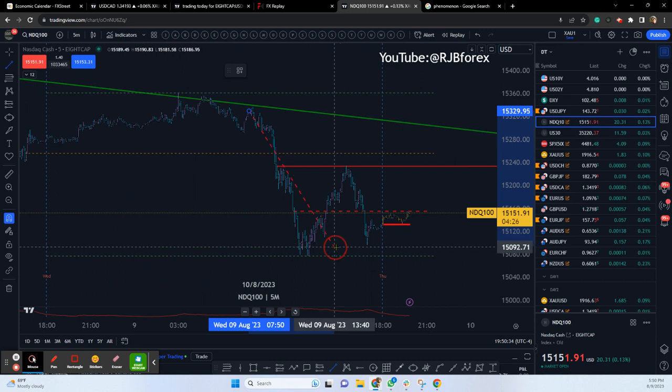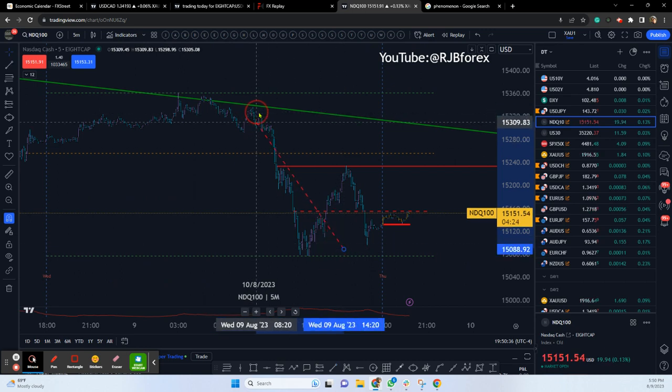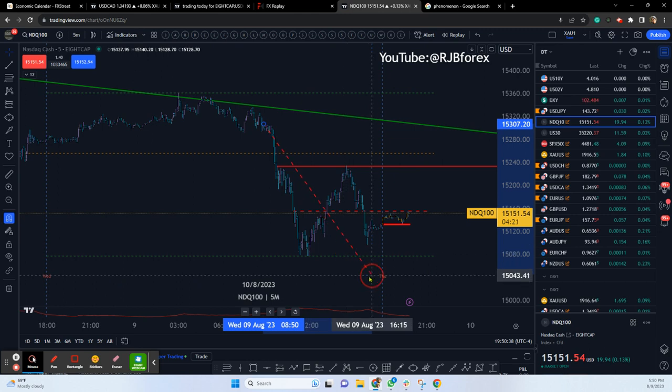So that's already broken. So that becomes a bullish counter trend line.